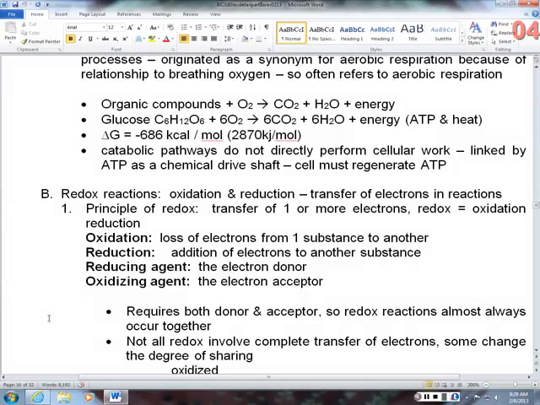Oxidation involves the loss of electrons from one substance to another, where reduction involves the addition of electrons. So the reducing agent is the electron donor, and the oxidizing agent is the electron acceptor.